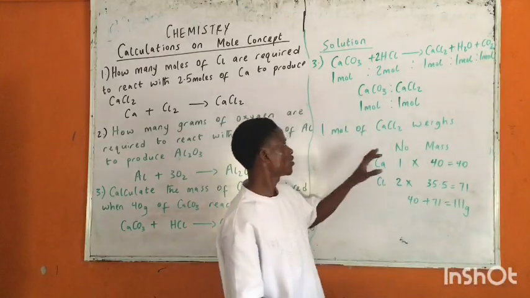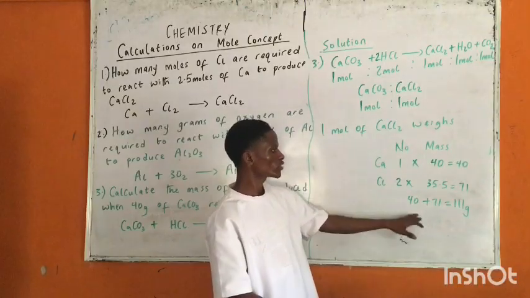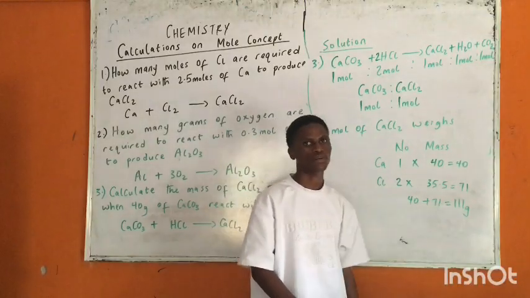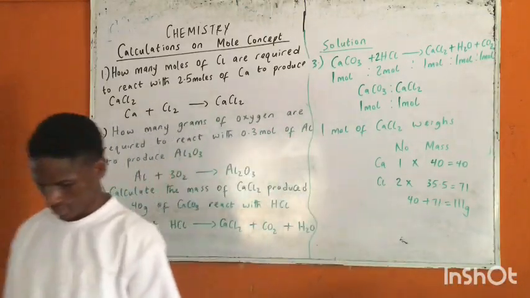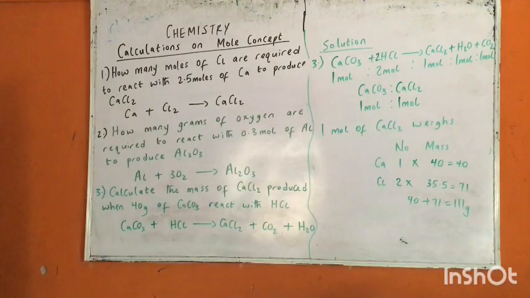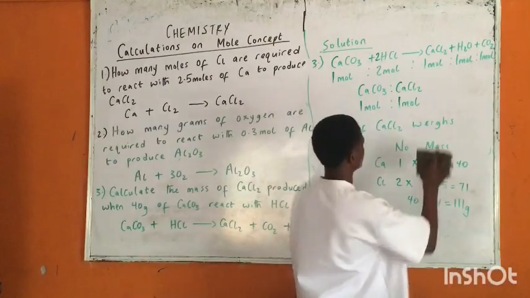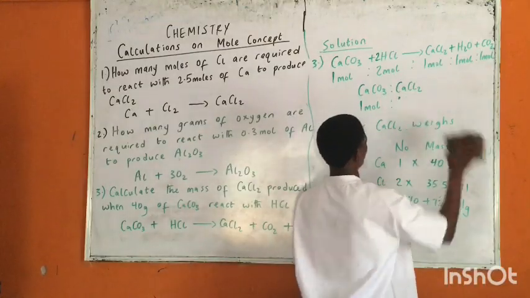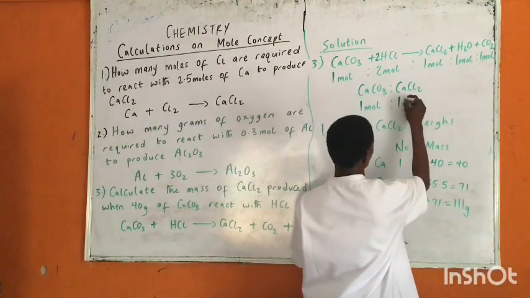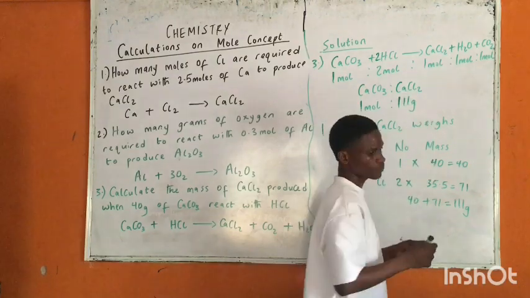So 1 mole of calcium chloride weighs 111 gram.